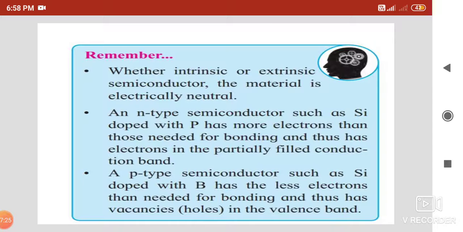In the p-type semiconductor, such as silicon doped with boron, the boron atom has fewer electrons than needed for bonding. Thus it has vacancies, that is holes, in the valence band. So students, go through the video and write notes on the p-type semiconductor, n-type semiconductor, or the types of extrinsic semiconductor.